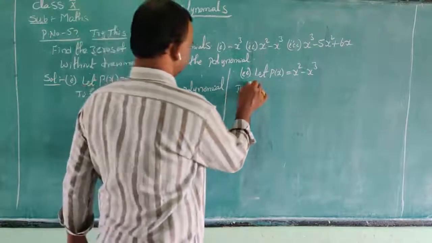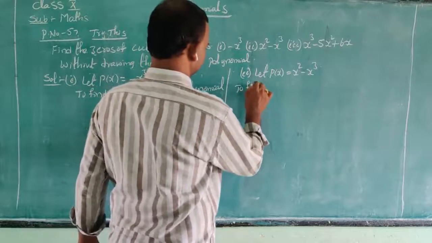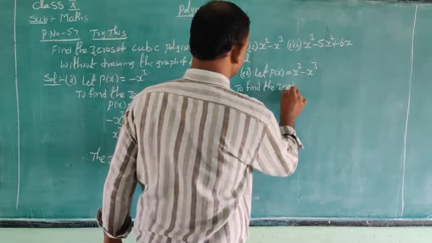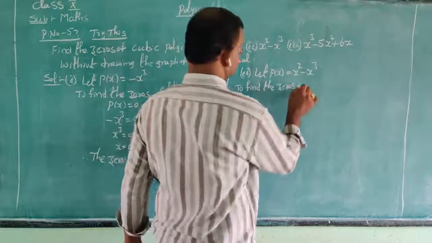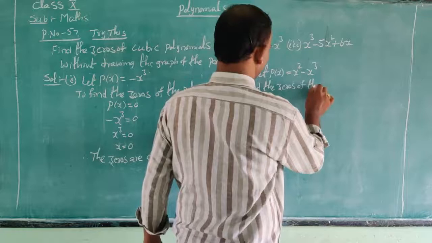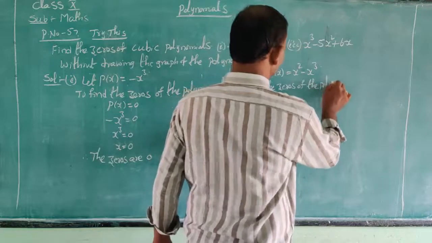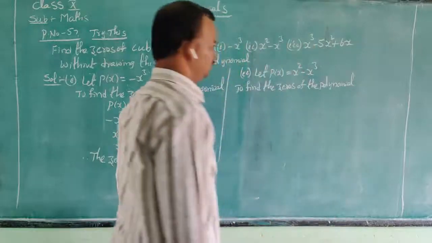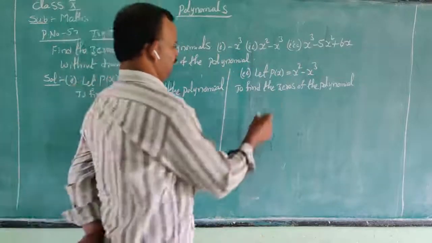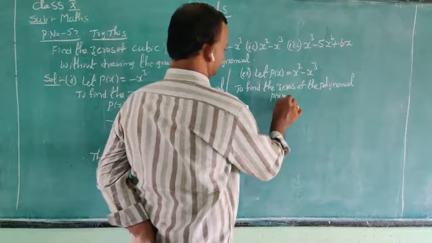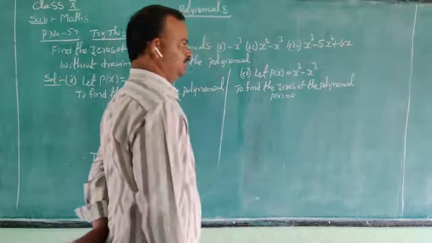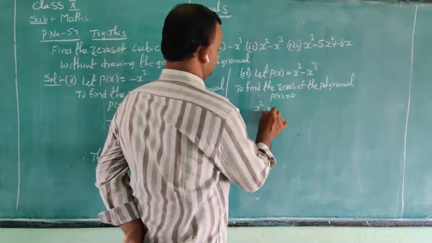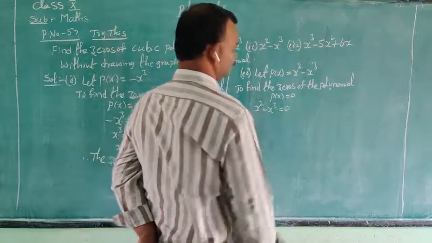To find the zeros of the polynomial, p of x is equal to 0, that means x square minus x cube is equal to 0.